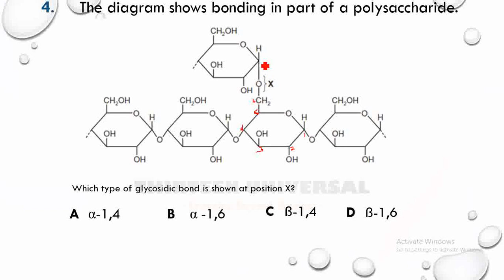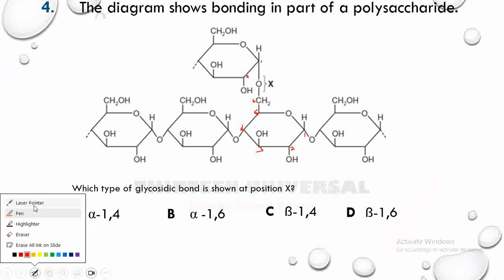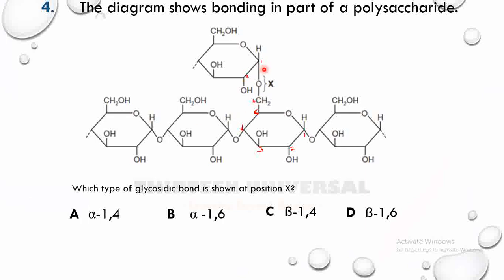So that means this is also carbon 1 of that one, and this is carbon 2 of this molecule. So this bond is formed between carbon 1 and carbon 6. And if you check, it's branched. Beta glucose does not form branched structures, alpha does.